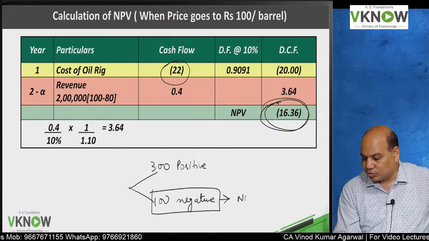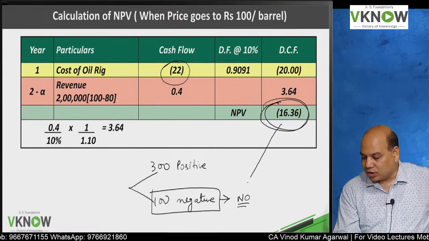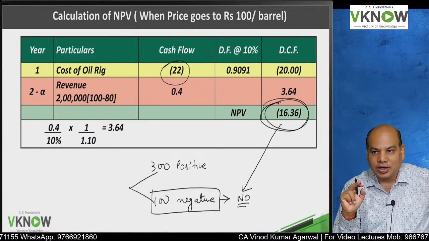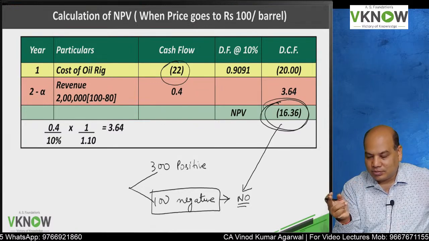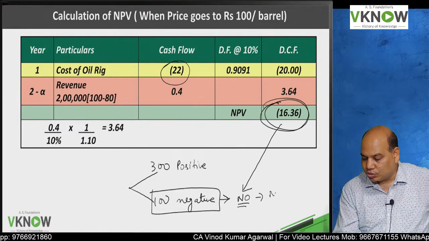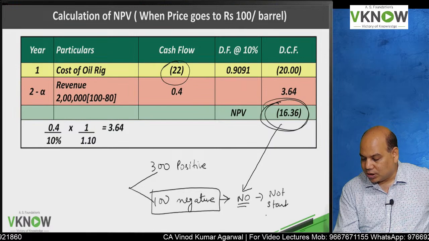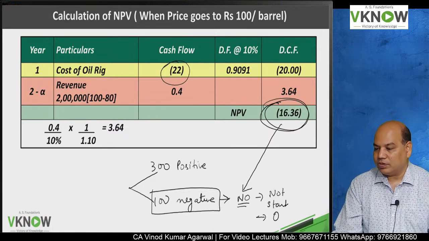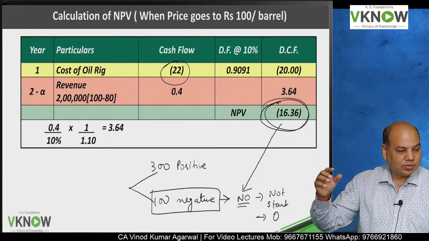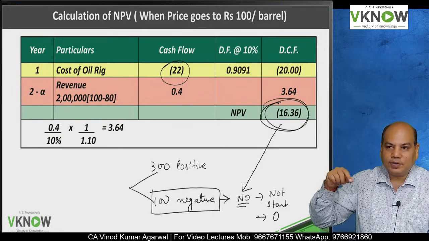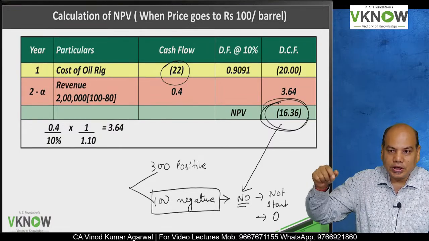The answer is no. This calculation only indicates that if the price is 100, NPV is negative. If NPV is negative, I am not going to start the project. And if I don't start the project, my NPV is 0. This is only calculation. But my decision will be I will not start the project if the price goes down to 100 rupees.